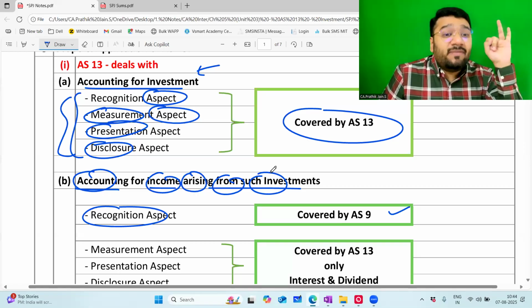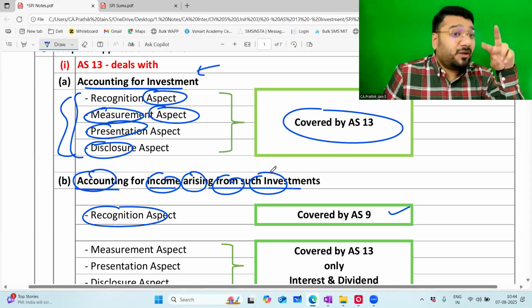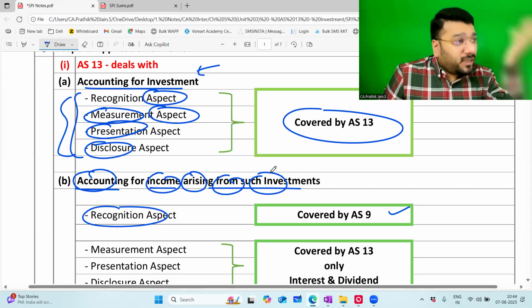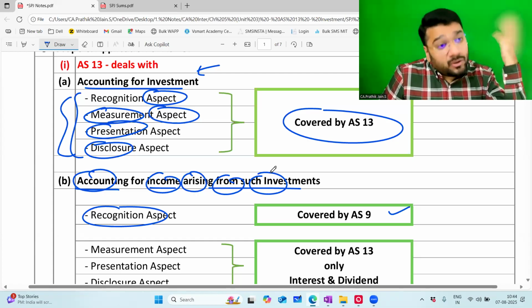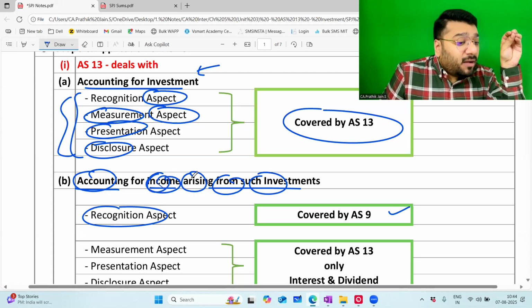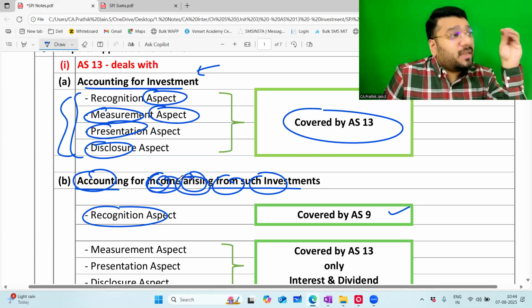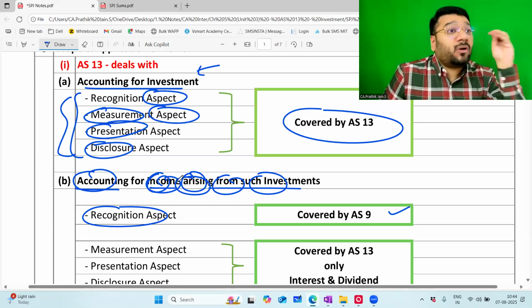If I invest in dividend bearing securities, what do I get in return? Dividend. If I invest in, let's say, land and building, what do I get? Rent or capital appreciation. Even if you invest money in shares or interest bearing securities, there also capital appreciation is there. So when I say income arising from such investment, I'm talking about rental income, interest income, dividend income, and capital appreciation.